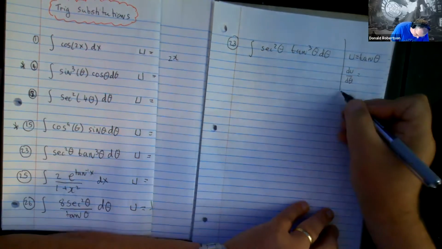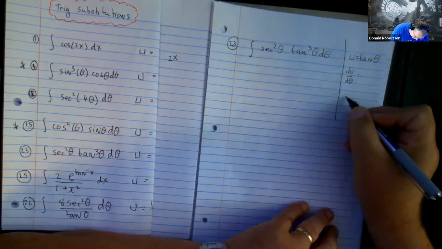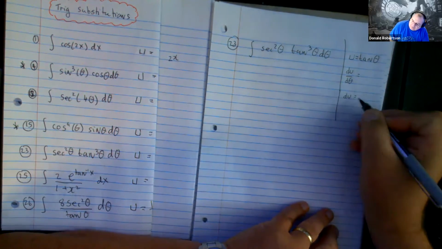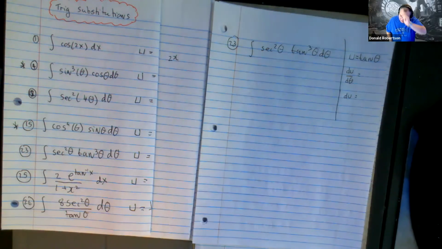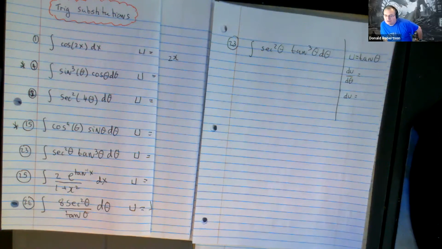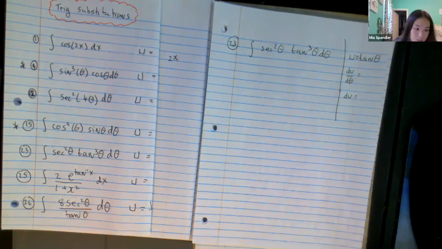What's the derivative of tan theta? So you've got to have your differentiation cap on. I know this is Calc 2, but especially in substitution, don't you end up starting by differentiating things? So what's the derivative of tan theta? Is it secant squared?